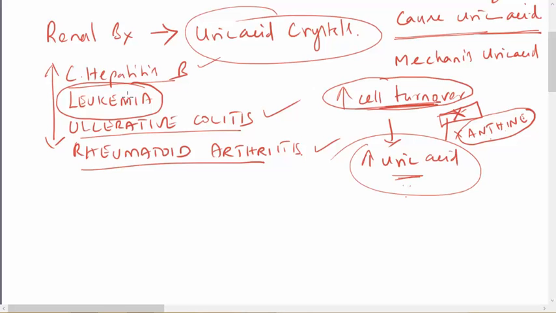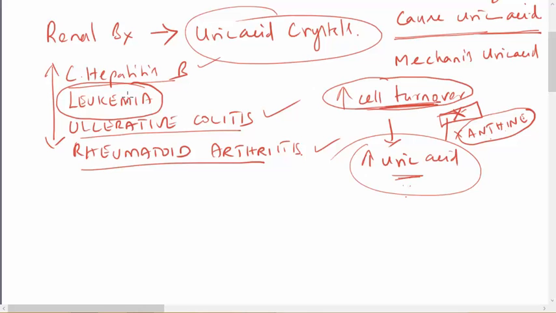so it is producing acute renal failure. So what are the causes of uric acid formation? What are the mechanisms involved in uric acid formation? So all the things which I explained, that could have been asked as a question. What is the treatment you use to avoid uric acid crystal formation? Allopurinol.